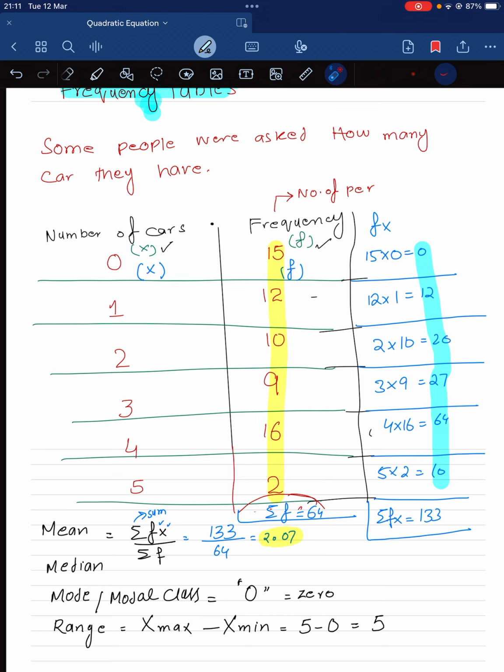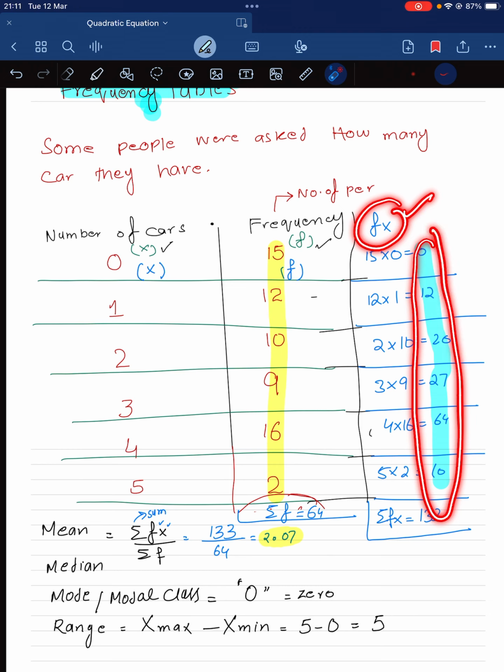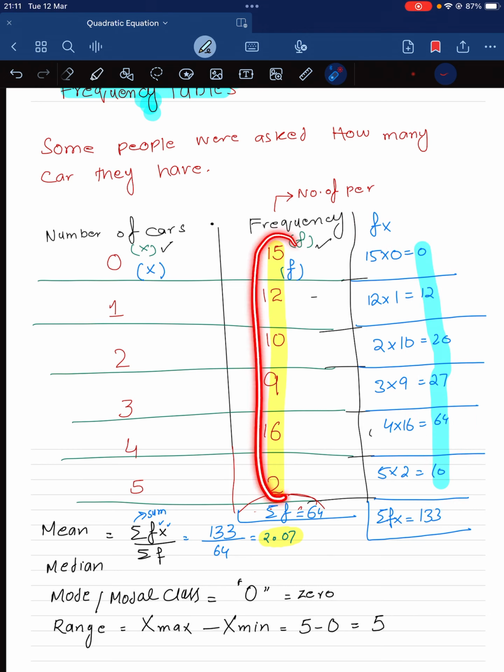Sometimes we are given a range, like x is greater than or equal to 0 and less than or equal to 5. Then which value do we need to use, 5 or 0? We will discuss this in the next video. For now, if you are given x and f, then to find the mean you need to draw the new column fx, add all the quantities of fx, find the sum of f, and then divide them to find the mean.